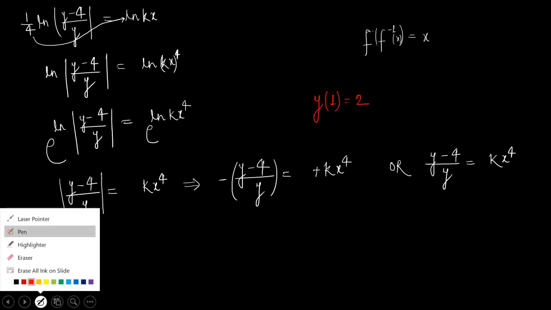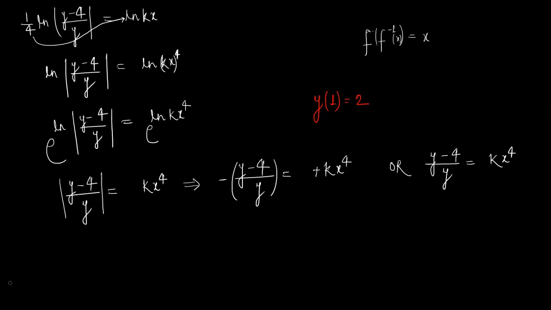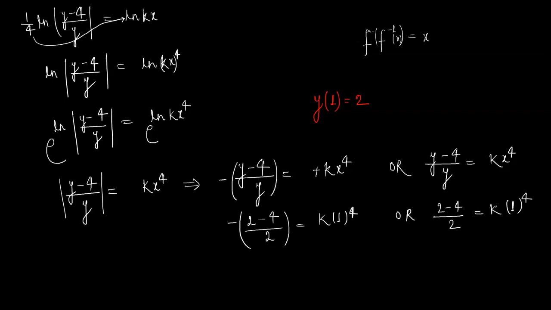Simply putting the value in both the conditions: minus (2 minus 4) upon 2 is equal to k times 1 to the power 4, or (2 minus 4) upon 2 is equal to k times 1 to the power 4.